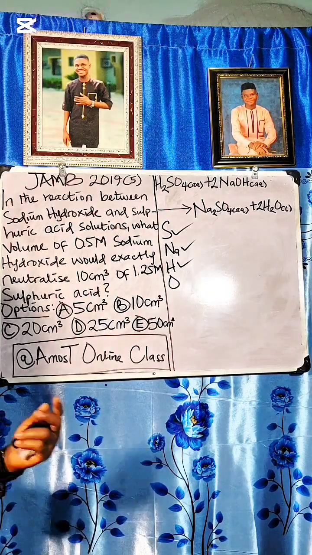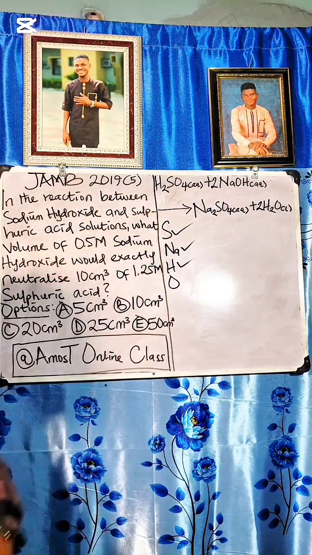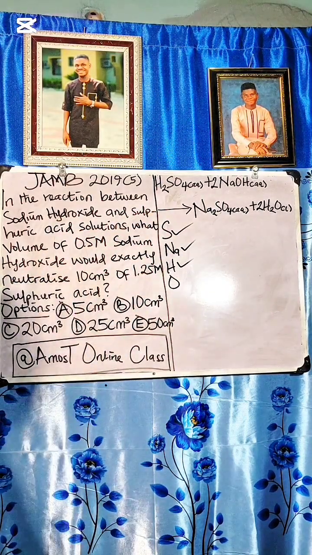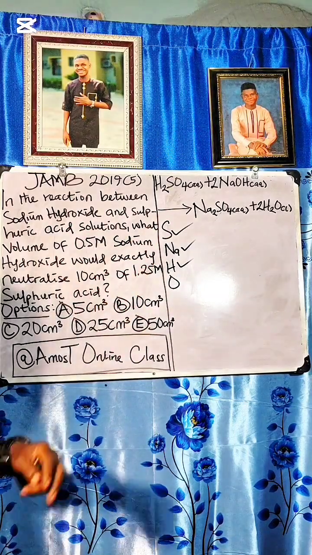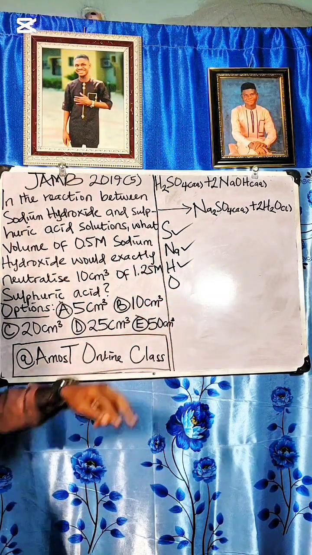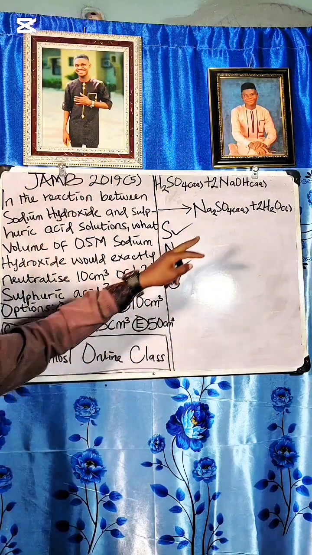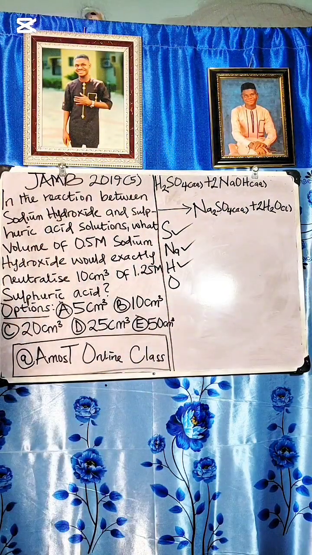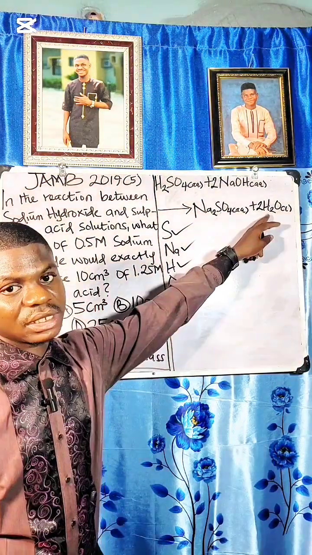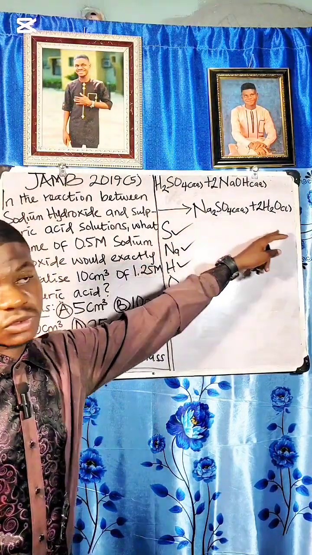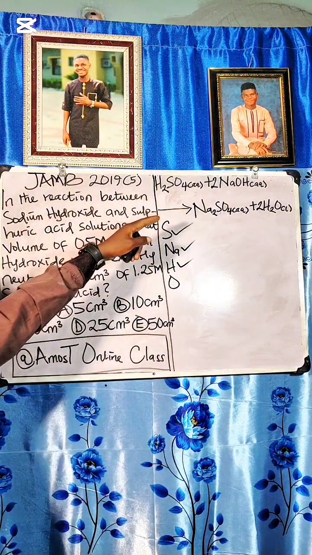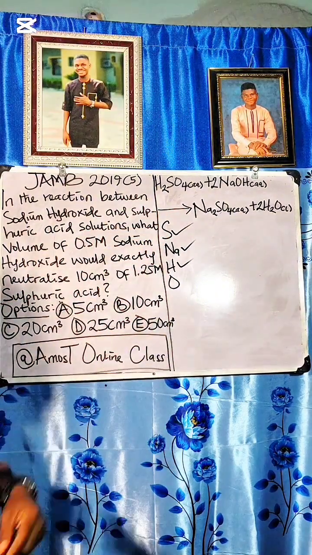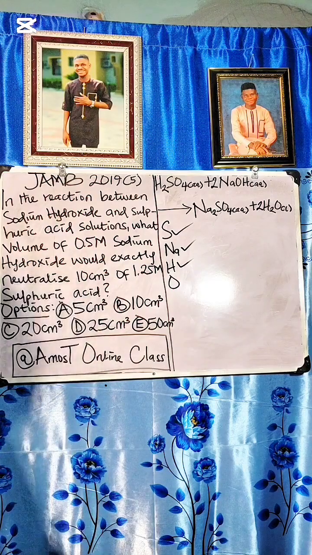Now let's check for oxygen. 4 atoms of oxygen in sulfuric acid and 2 atoms of oxygen in sodium hydroxide. So we have 6 atoms of oxygen from the reactant side. Now let's check the product side. We have 4 atoms of oxygen in sodium sulfate here. So we have 4 plus 2, which gives us 6. So oxygen is balanced because there are 6 atoms of oxygen from the reactant side and 6 atoms of oxygen from the product side.